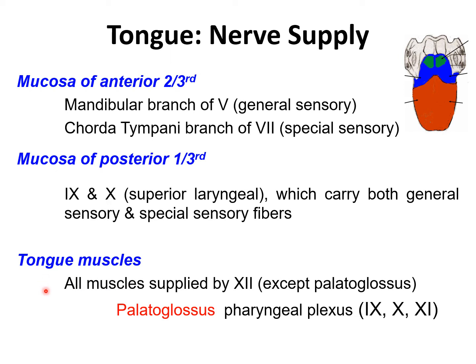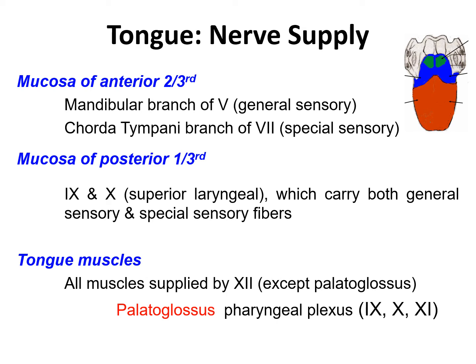In terms of the motor nerve supply, all muscles of the tongue, intrinsic and extrinsic, are supplied by the 12th cranial nerve, which is known as the hypoglossal nerve, with the exception of palatoglossus. Palatoglossus is supplied by a combination of fibers from the 9th, 10th and 11th cranial nerves, and these fibers together form what we call the pharyngeal plexus of nerves, and these provide innervation to the palatoglossus muscle.